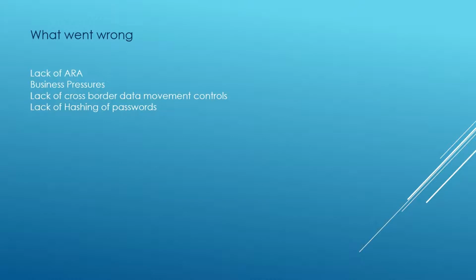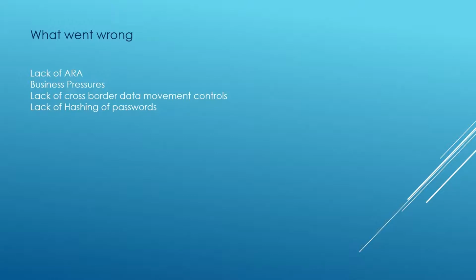So what went wrong in this example? It is possible the organization may not have a formal security architecture program. It is possible they may not have done good threat modeling. They may have had business pressures where they were forced to use authentication data collected on one channel for authenticating on another channel.